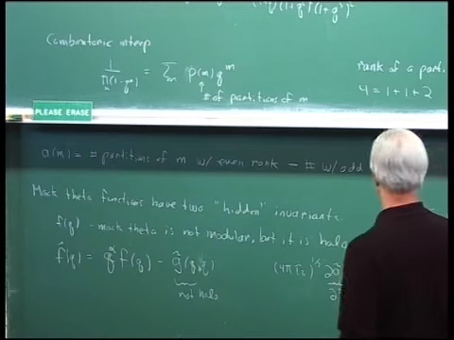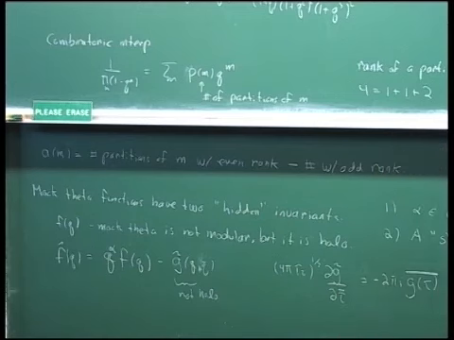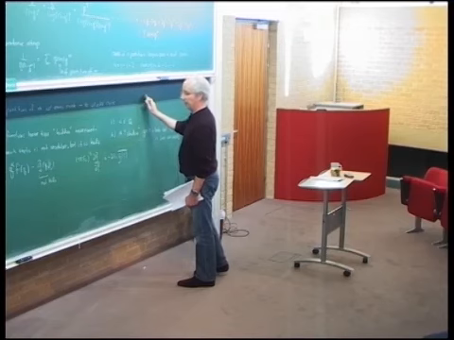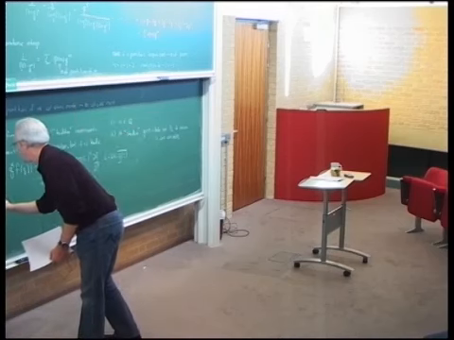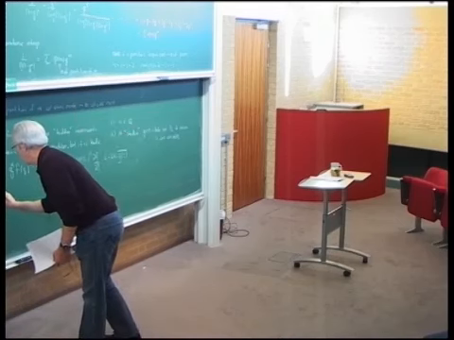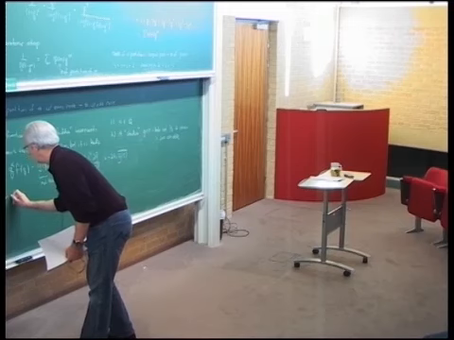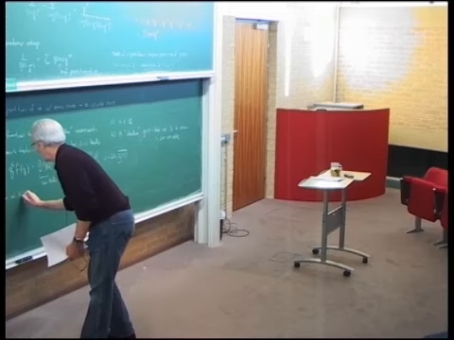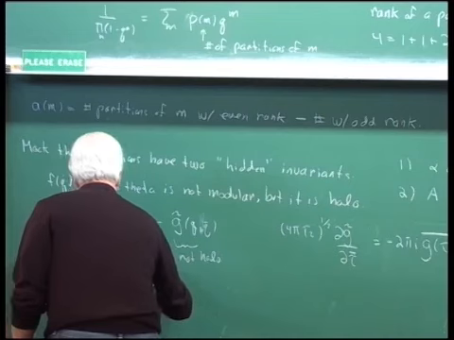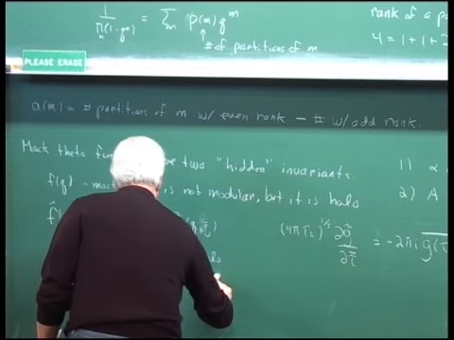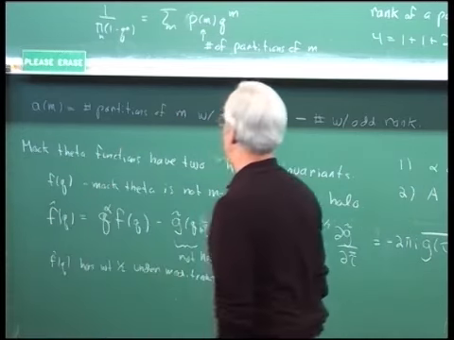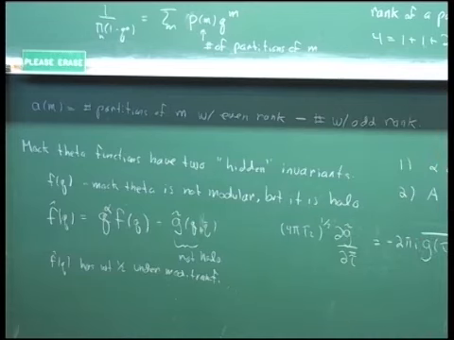You can generalize this. And I should also say that f hat of q has weight 1/2 under modular transformations. So you would say f of q is a weight 1/2 Mock modular form.